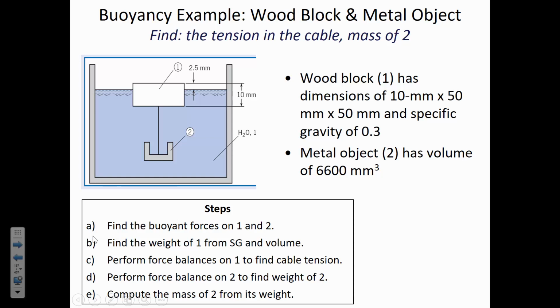So what I'm suggesting is, first of all, since we know the submerged volume of the block and the submerged volume of the metal object, let's find the buoyant forces that are acting on both. And then go through the process of a force balance on object 1 in order to work towards understanding what is the tension in the cable that connects them.